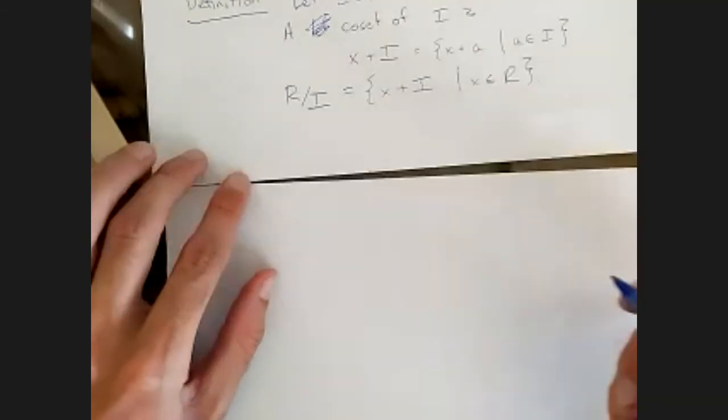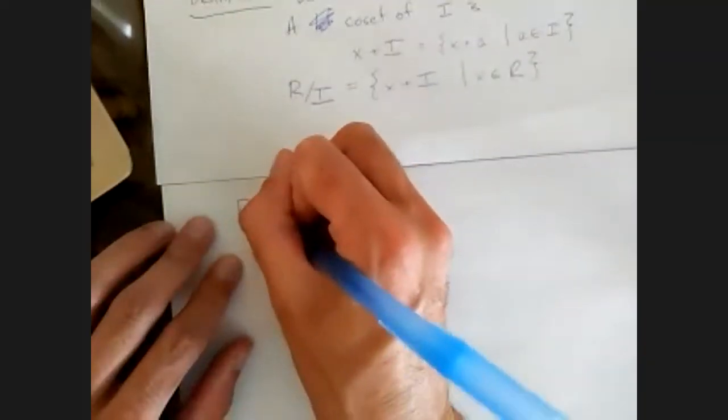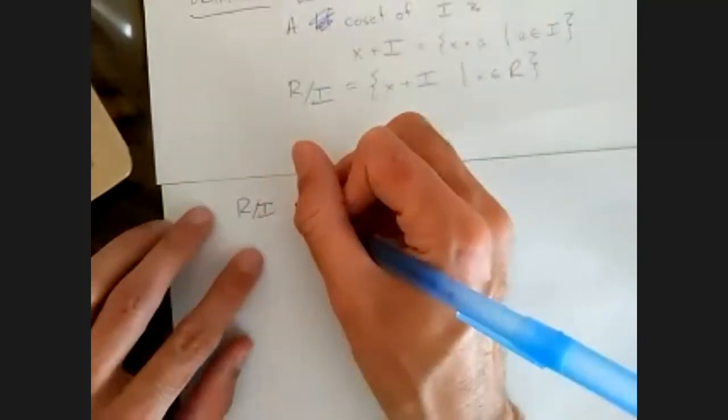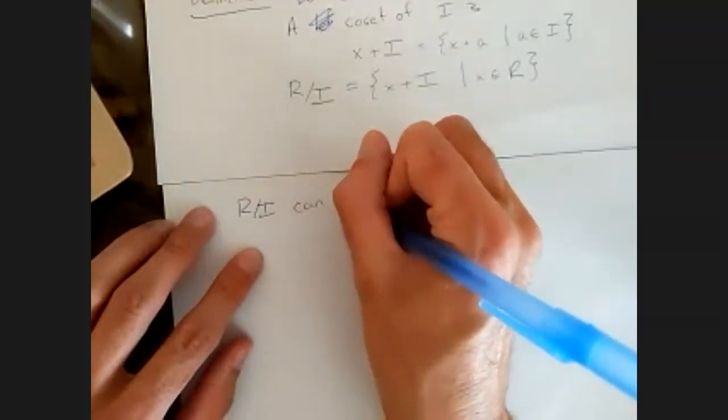So we can take the set of cosets of an ideal and we can make up a new ring. R mod I, the set of all the cosets, can be turned into a ring.